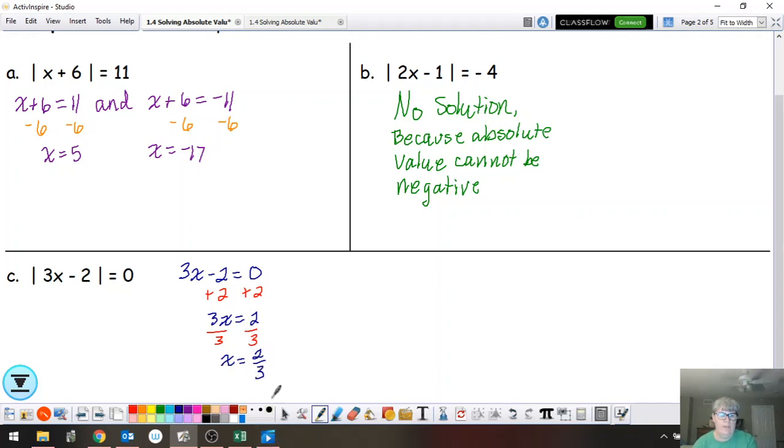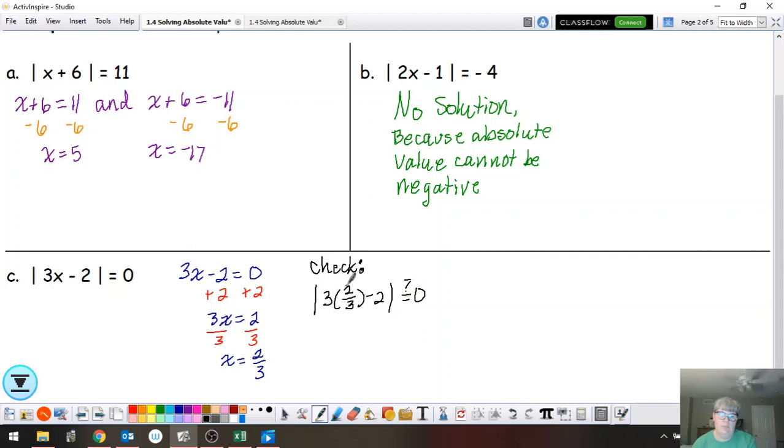2/3. Now, because my answer turned out to be a rational number or a fraction, I'm going to go ahead and take the time to check this. I'm pretty sure I solved it correctly, but it doesn't hurt. So, is the absolute value of 3 times 2/3 subtract 2 going to equal 0? Well, when I take 3 times 2/3, that's 3 times 2 and divide by 3.